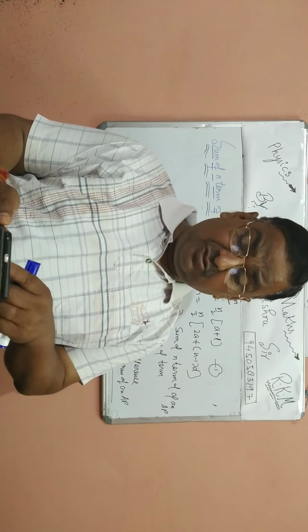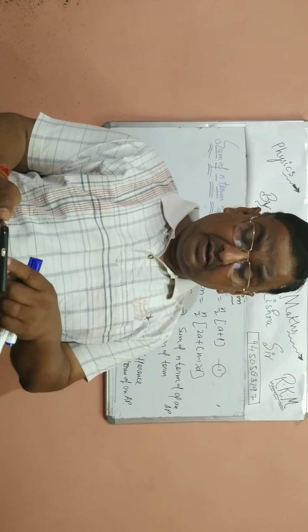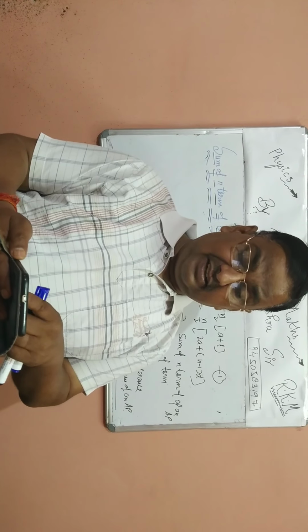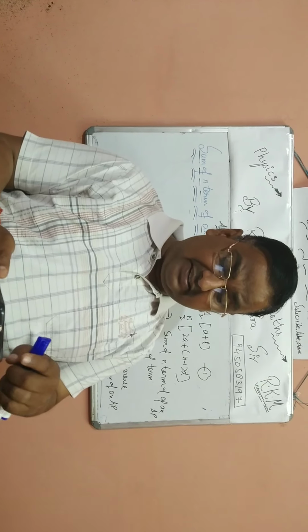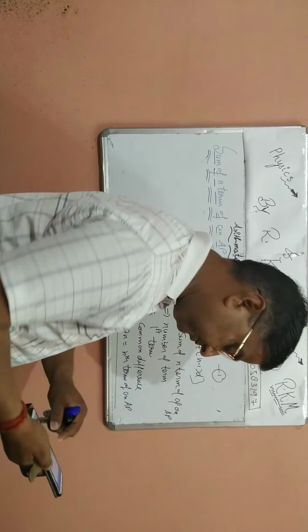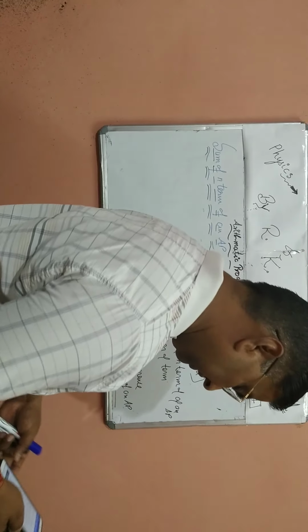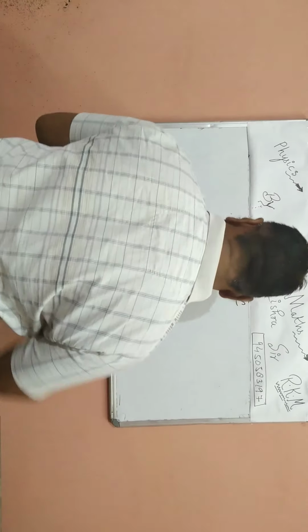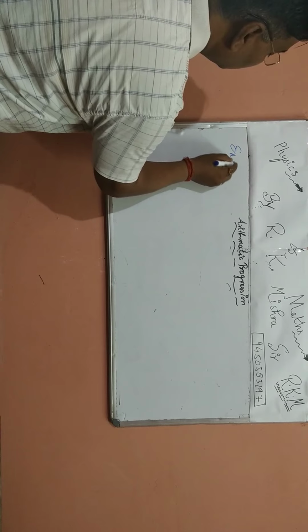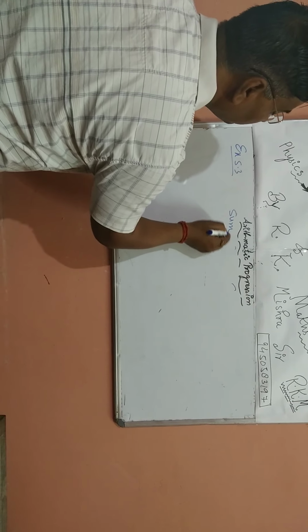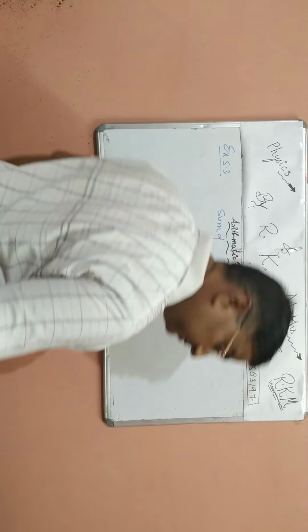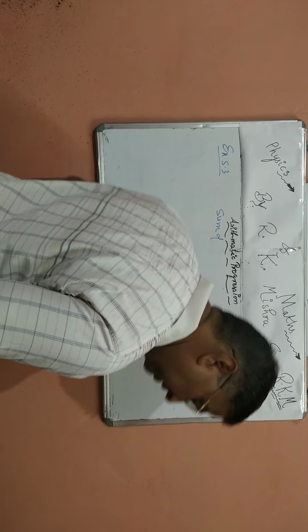Now using these two formulas you have to solve exercise 5.3. Now look here, exercise 5.3. Find the sum of the following AP.